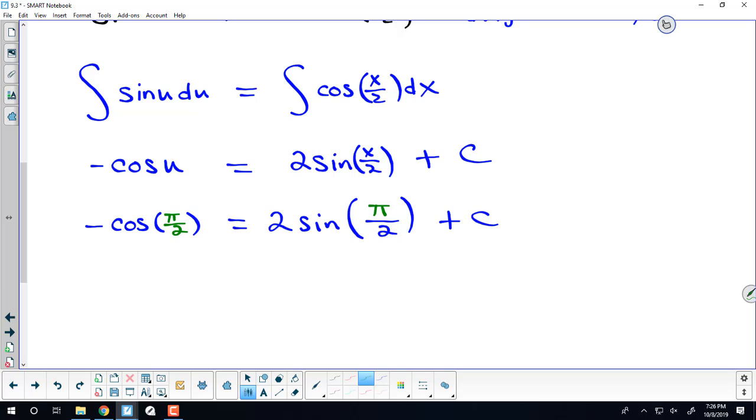Okay, so we have then negative 1, or sorry, 2 plus c. Is cosine of pi over 2 0? No, it's 1. So yeah, I was thinking of the sine. Cosine of pi over 2 is 0. My bad. So 2 plus c equals 0. c has to be negative 2.